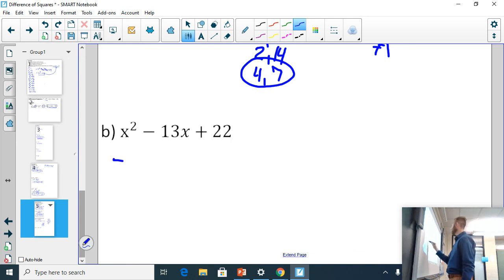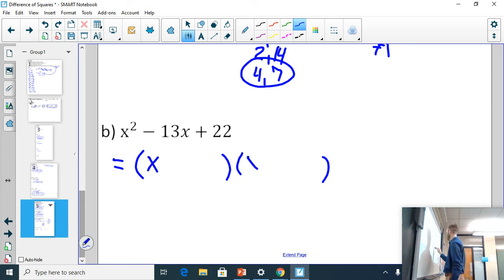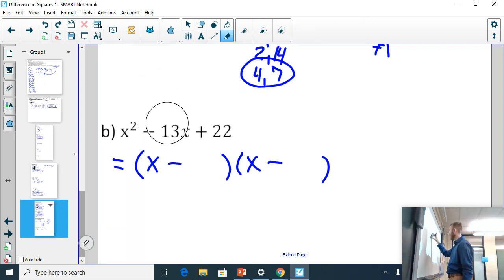And now same thing here. I'm just going to get it ready. And this positive tells me that either both of these need to be positive or both of them need to be negative. But then this negative tells me that they should both be negative, right? Because when I add them up, I'm going to have to get a negative number.